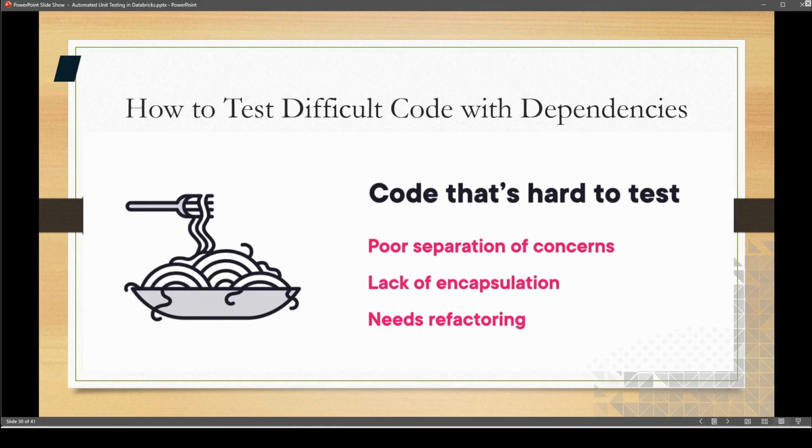A good sign for that is code with very large functions, where all of the logic is done in one function. That's a very straightforward sign that the code is going to be hard to test and would need a lot of refactoring, like it would have a lack of encapsulation.